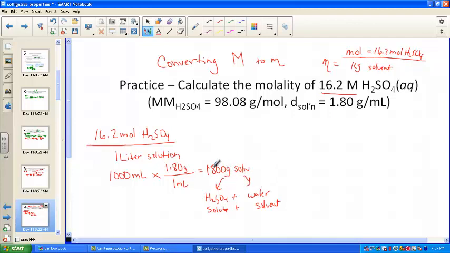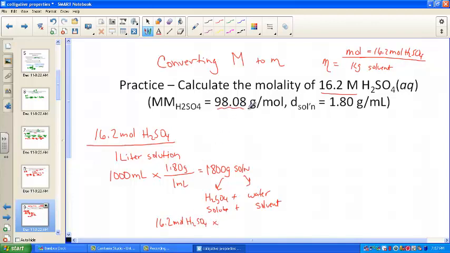If the total weight of solution is 1,800, we could figure out how many of those total grams are coming from the solute, because we know simply just a little mole map problem. In other words, we have 16.2 moles already of the acid in there, H2SO4.